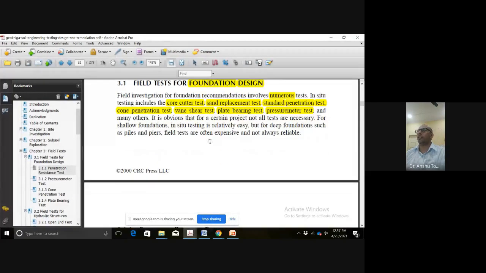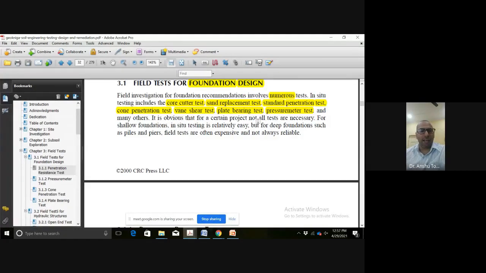It is obvious that for a certain project, not all tests are necessary. That is what I told you: what is the parameter that we want, such as C, phi, coefficient of friction. There are various tests which are required. They also depend upon the type of structure we are going to construct. Suppose you want to construct a bridge on a river.